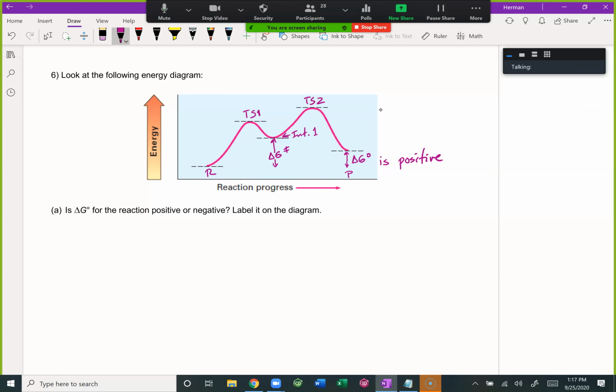All right. Let me write a few things here. The overall delta G0 for the reaction is positive, since the reaction is endergonic.